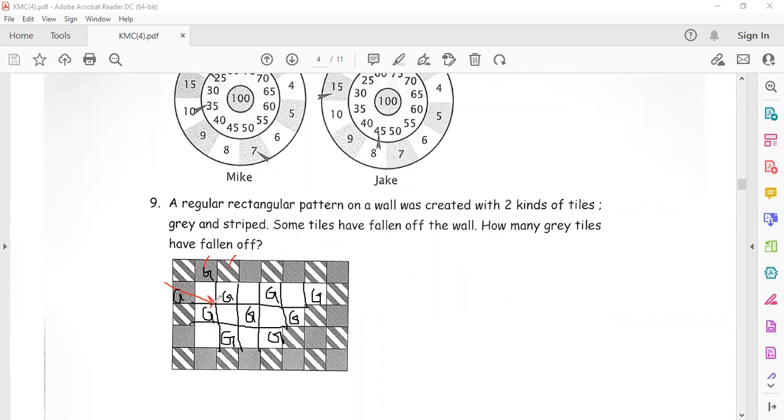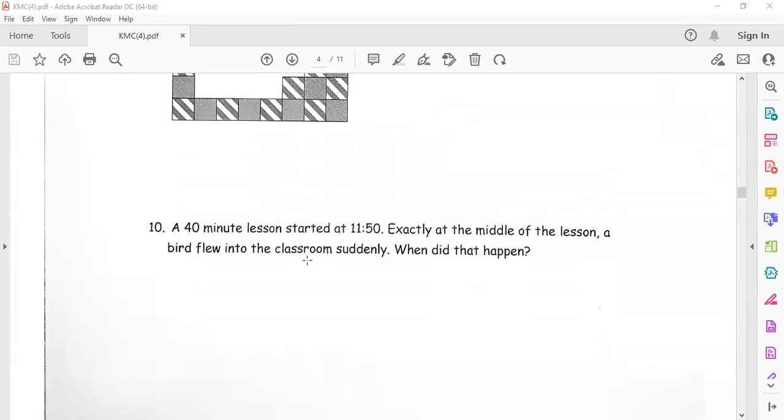So how many grays are in that white space? That's what we need to count. 1, 2, 3, 4, 5, 6, 7, 8. So how many gray tiles have fallen off? 8 gray tiles. Clear? All right, now clear the drawing and let's move on to number 10.